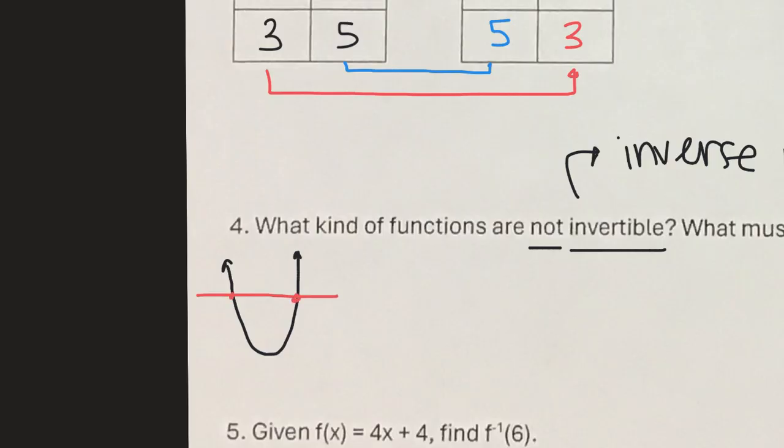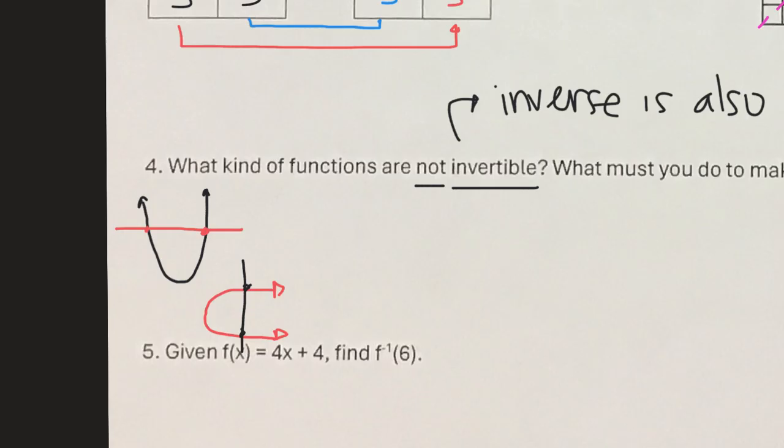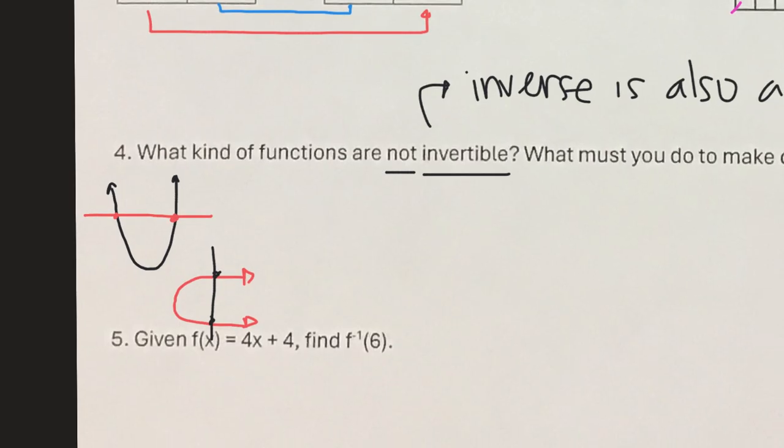It crosses it twice. Okay, which means that its inverse, the inverse of a quadratic, is a sideways parabola, is not going to be a function because it will fail the vertical line test. So what kind of functions are not invertible? Those that fail the horizontal line test.